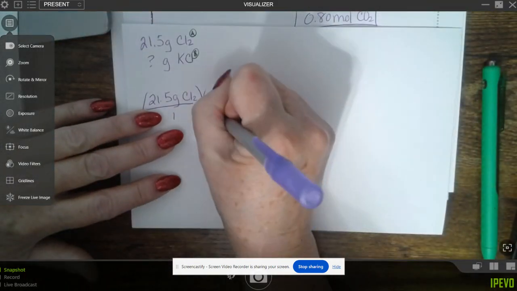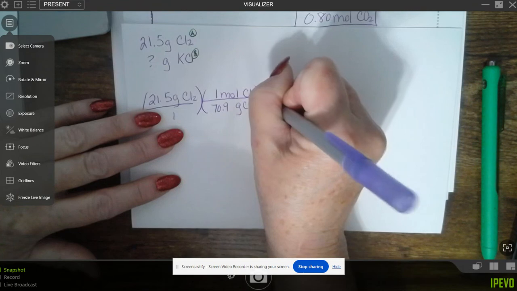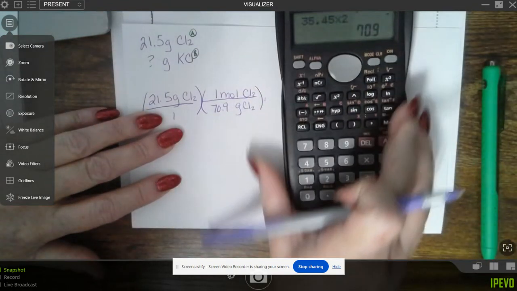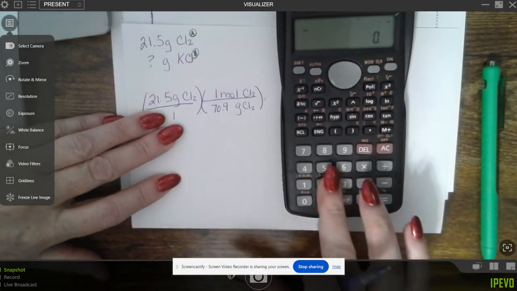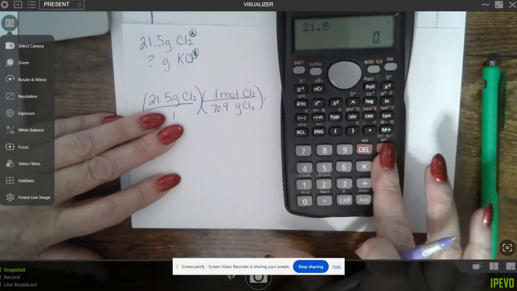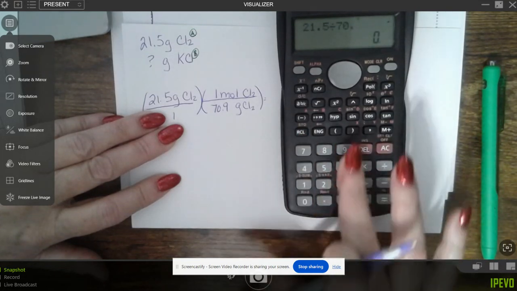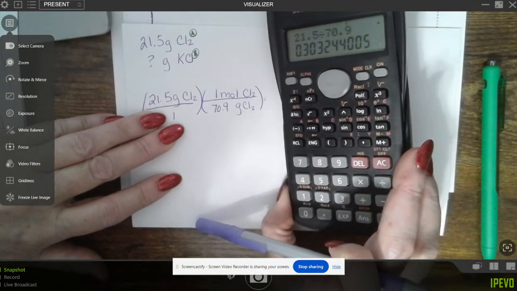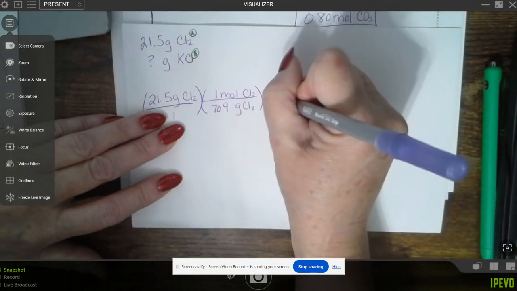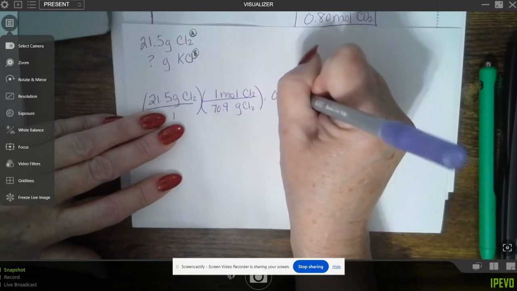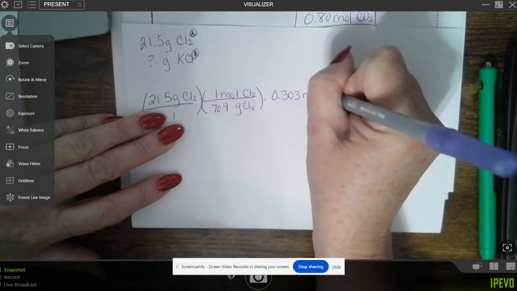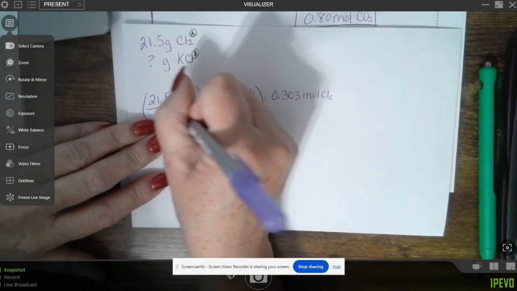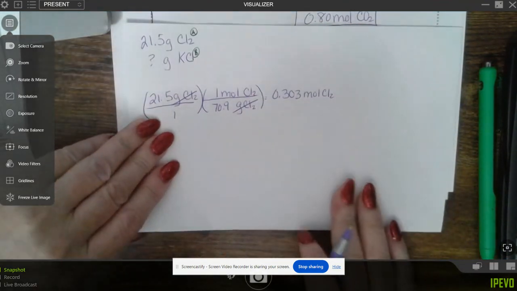So 70.9 grams. So we're going to do this math. We're going to do 21.5 divided by 70.9. And that is going to give us 0.303 moles of Cl2. Okay, so grams of chlorine canceled out.